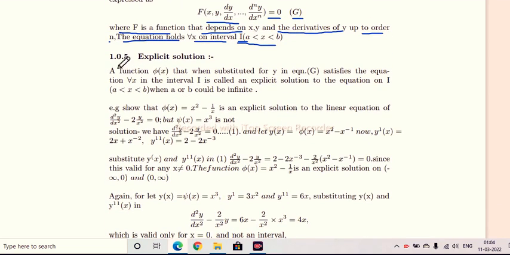Now we discuss explicit solution. What is an explicit solution?